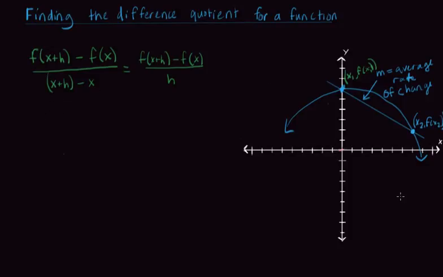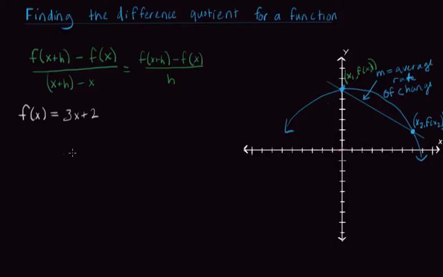So let's say that f of x is equal to 3x plus 2. Okay, so let's go ahead and figure out what the difference quotient is. So the difference quotient is going to be f of x plus h. Let me not rewrite all of that.